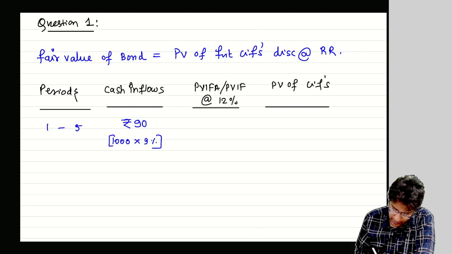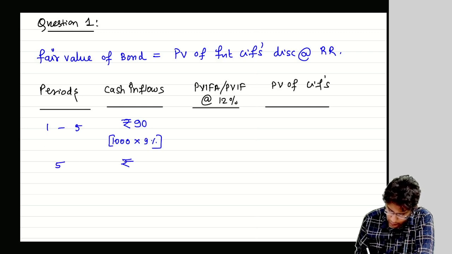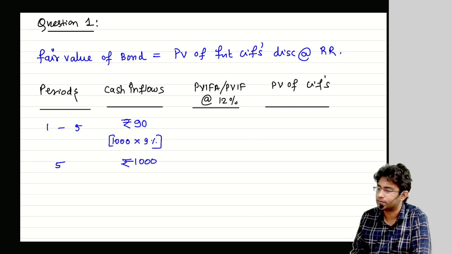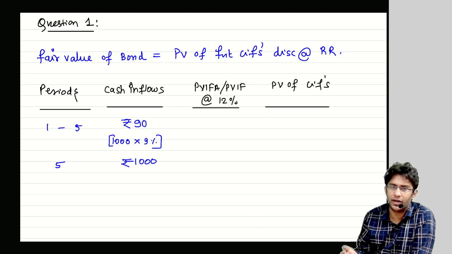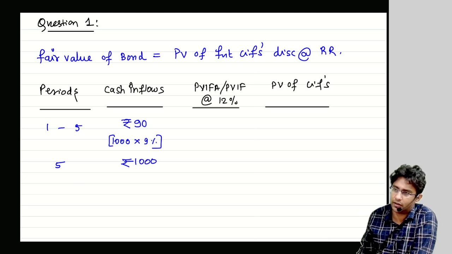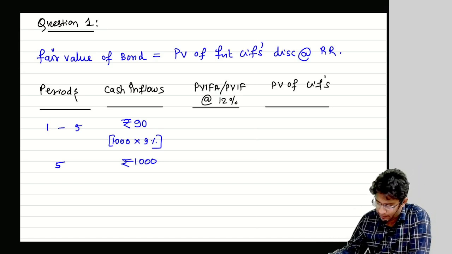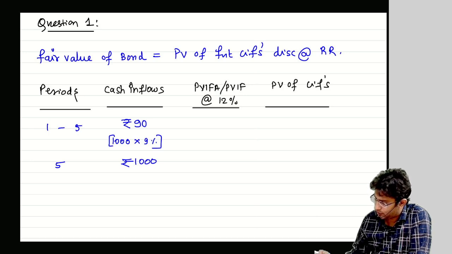And at the 5th year ending, you will again get an amount of 1000. So now that 1 to 5 is there, that means every year ending. So that's an annuity. Apply annuity factor. Only 5 is there at 5th year ending. Apply PV factor. So do it. 12% annuity factor, 3.604. 1 divided by 1.12, 1, 2, 3, 4, 5.